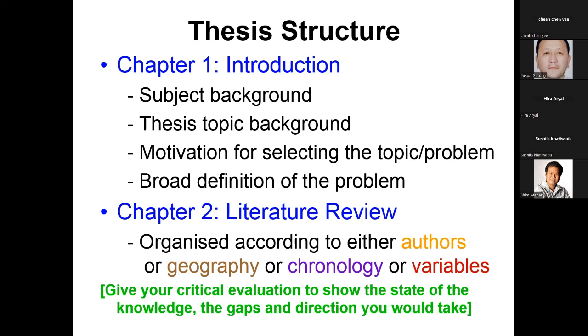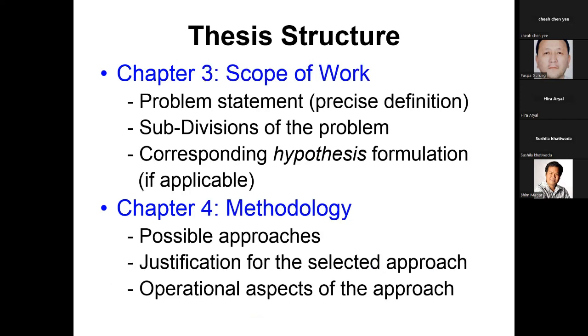Within half a page or one page, you have to make a review of one book related with your research topic only: in which chapter it has been discussed and in what way, what is the gap in the knowledge, what is the scope of the research there, and you have to be specific. Then scope of the work, problem statement, precise definitions, subdivisions of the problem, corresponding hypothesis formulations, if applicable.